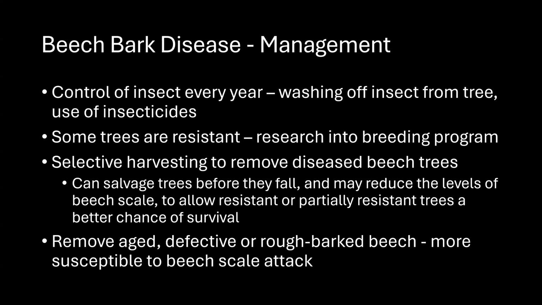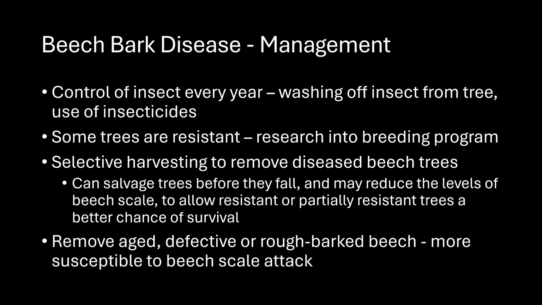Another thing that you can do, and this is something that's more common, and again, where the problem arises in the northeastern United States, is that we see a lot of foresters selectively harvest and remove diseased beech trees.